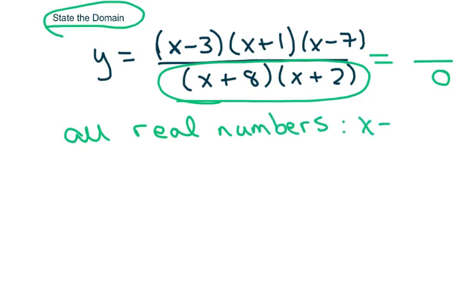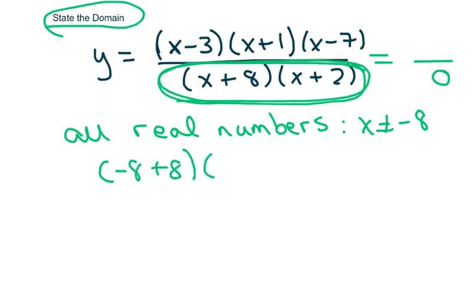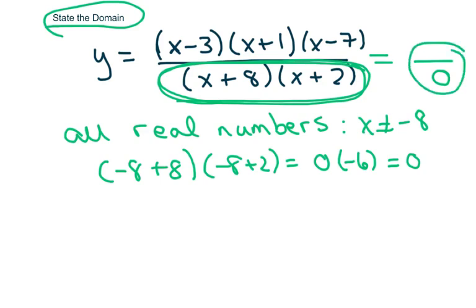But x cannot be negative 8. And I'll show you why. When you plug in negative 8 here, you'll get negative 8 plus 8 times negative 8 plus 2. That gives you 0 times negative 6, which equals 0. Well, we can't divide by 0, so that's why it can't be negative 8.